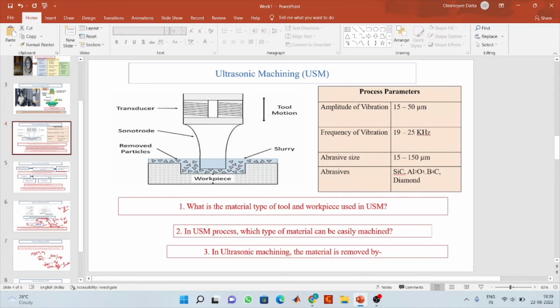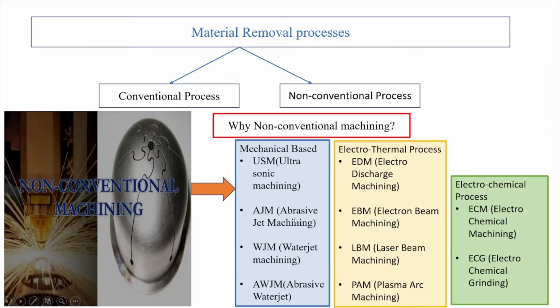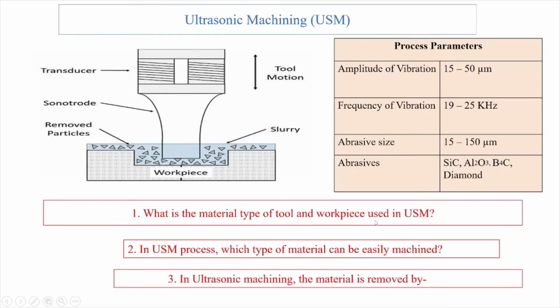So the first question is, what is the material type of the tool and workpiece used in USM? We can say the tool material can be brittle or ductile material, and the workpiece is a brittle material. Then in the USM process, which type of material can be easily machined?